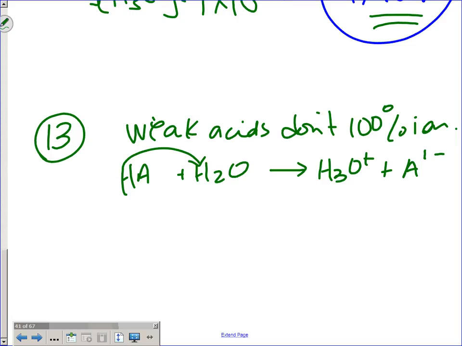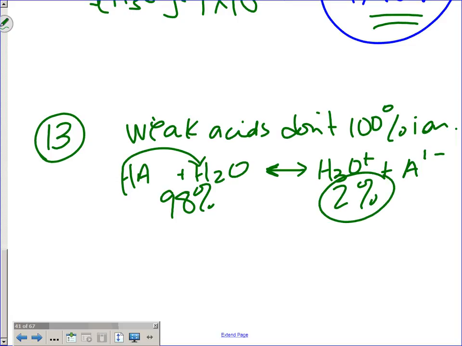Well, this shows 100% forward reaction happening, but that's not true because we don't 100% ionize, or we don't 100% make ions. So this is a reversible reaction, so that means it can go backwards, which it actually does quite a bit. Most acids are usually like 98% present over here, meaning they didn't dissociate, didn't ionize, and only 2% or so are going to ionize.